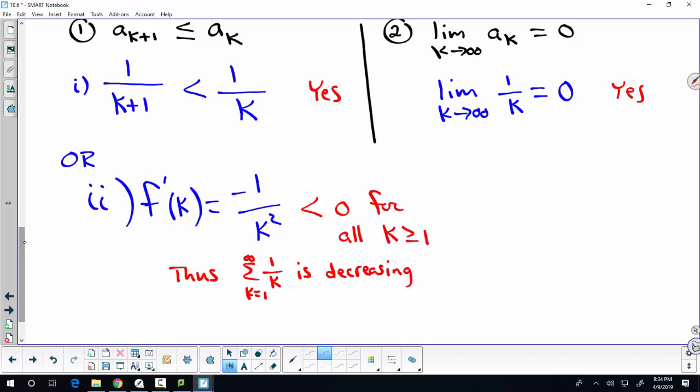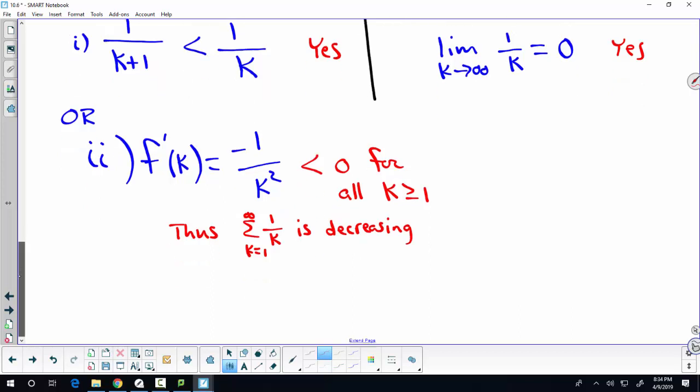So conditions 1 and 2 are both satisfied.